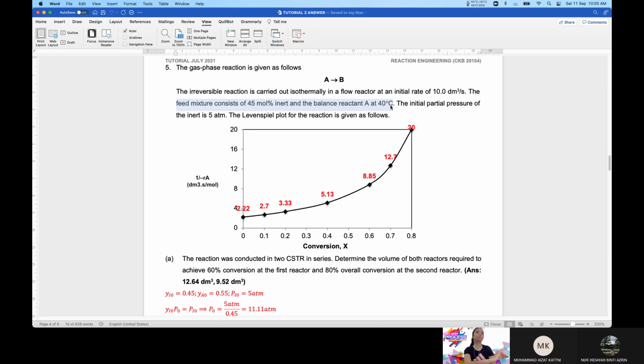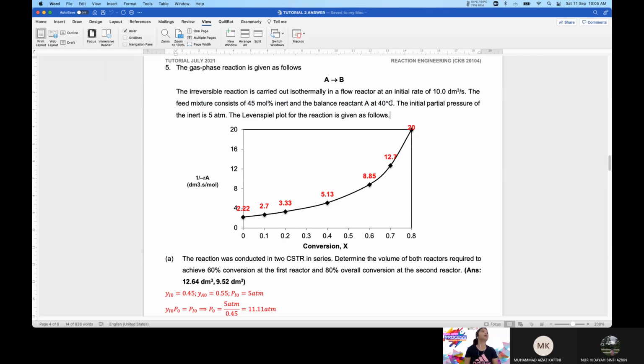So kalau ada 45% inert, maka 55% A. So Ya0 0.55. Remember, bila kita nak design reaktor, pengiraan dia mesti berdasarkan reaktan. Kalau dia beri kita information pasal lengai, kita kena cari information yang berkaitan dengan reaktan dalam tindak balas kita, which is A. And then they say temperature 40 Celsius. Okay, so awal tu suhu campuran gas tu adalah 40 Celsius.